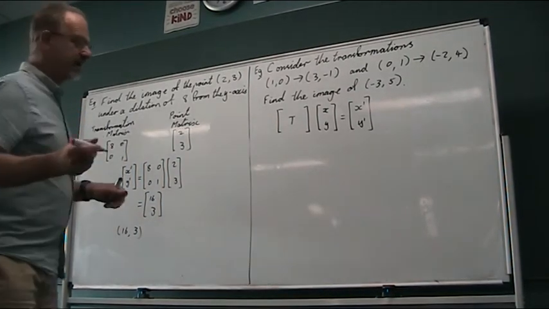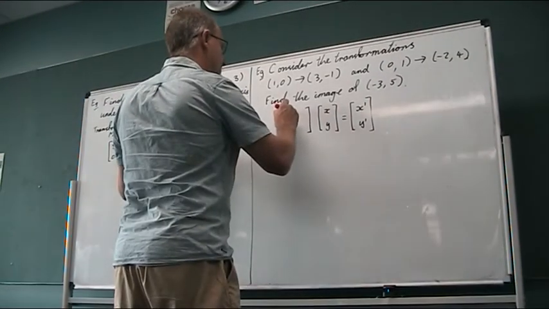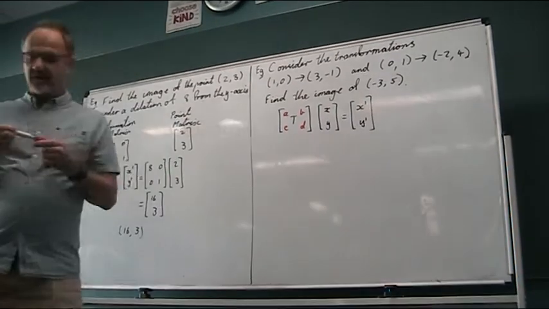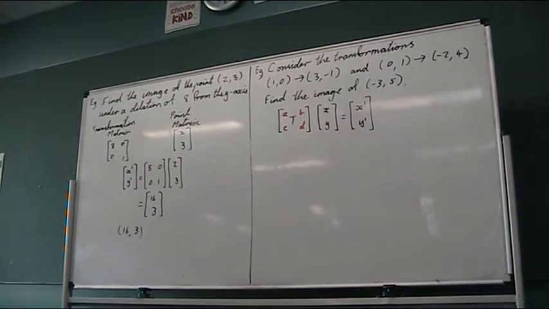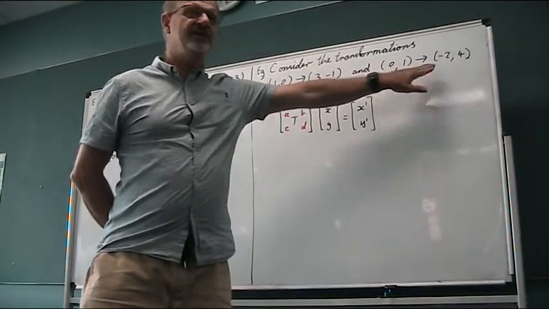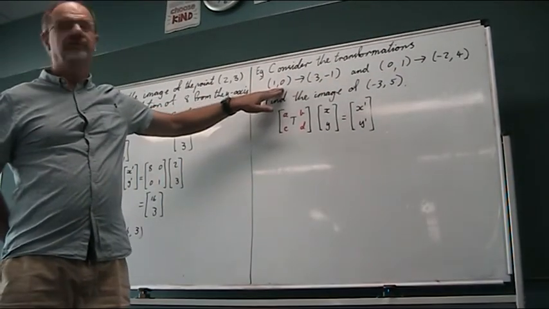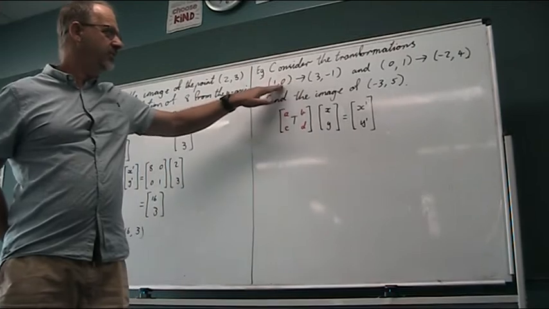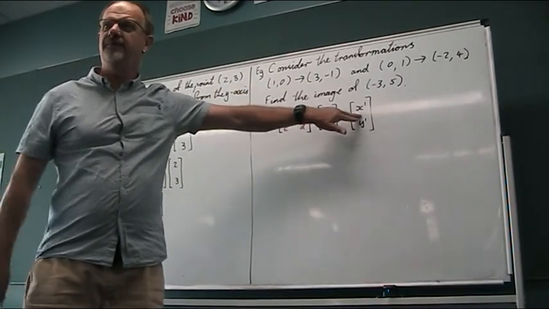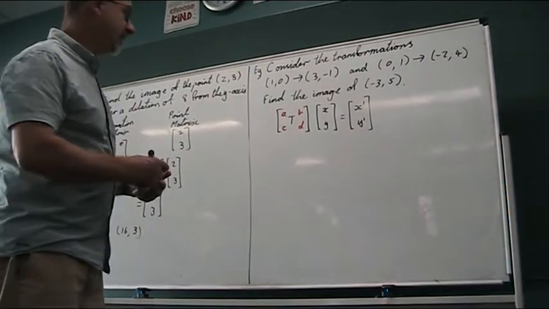So how do we do that? Well, we label the elements of our transformation matrix as A, B, C and D. Then we have these two transformations, our original and our image. So we need to put in our original point value and our image point value, and then see what we get.